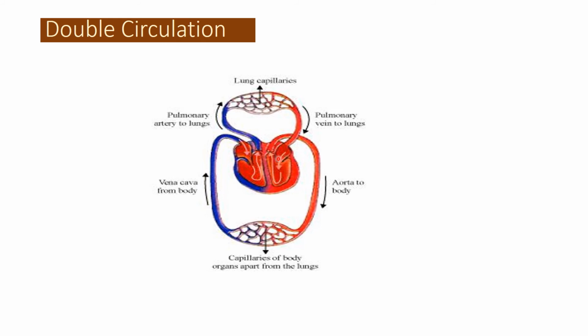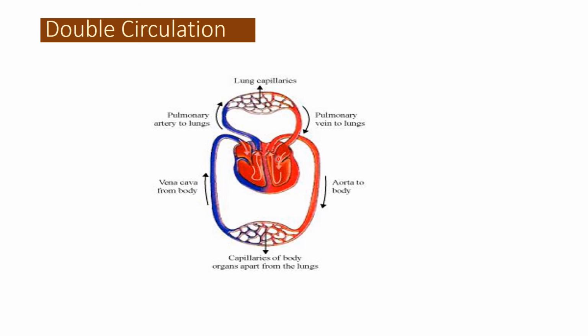These are the cold blooded animals. And in the same way, the amphibians and many reptiles have a three chambered heart, because they can tolerate some mixing of oxygenated and deoxygenated blood, because they are cold blooded animals.